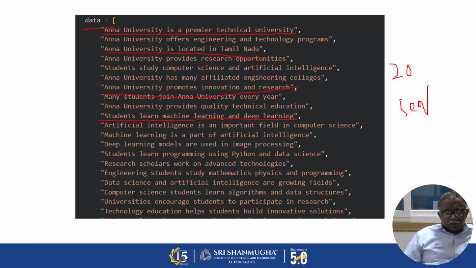Students learn programming using Python and data science. Technology in education helps students build innovative solutions. These are the data that we are going to fit. I'm not going to display all of them, but I have displayed most of what I have used in this lecture.